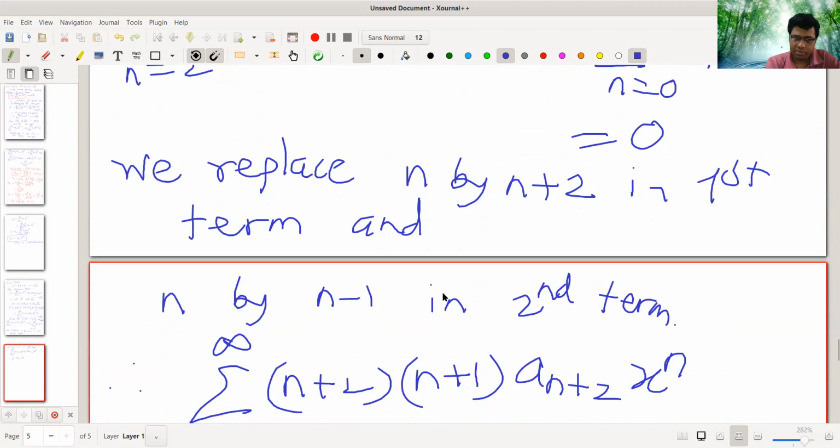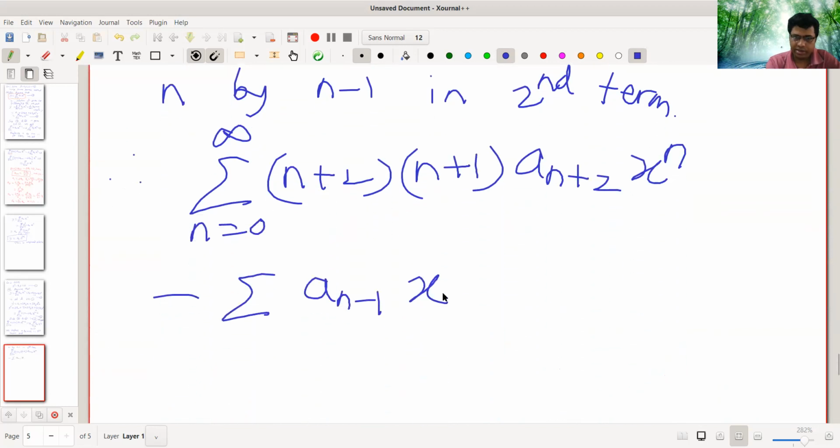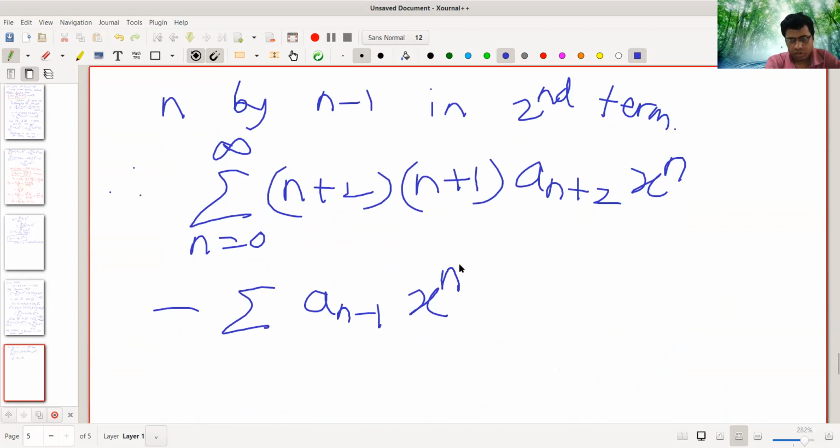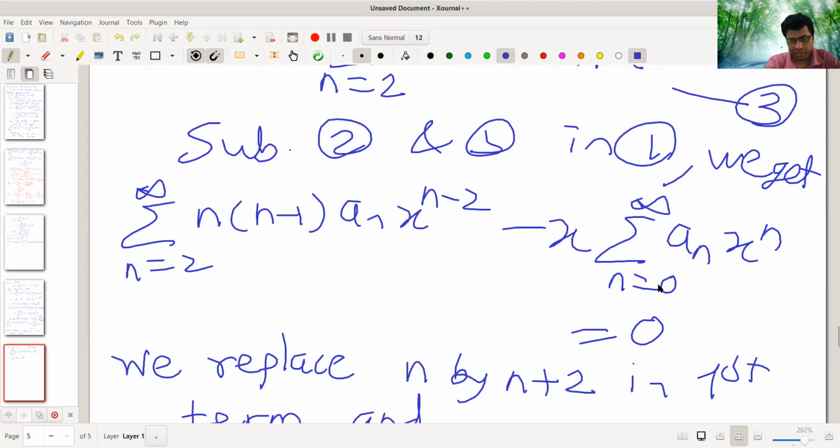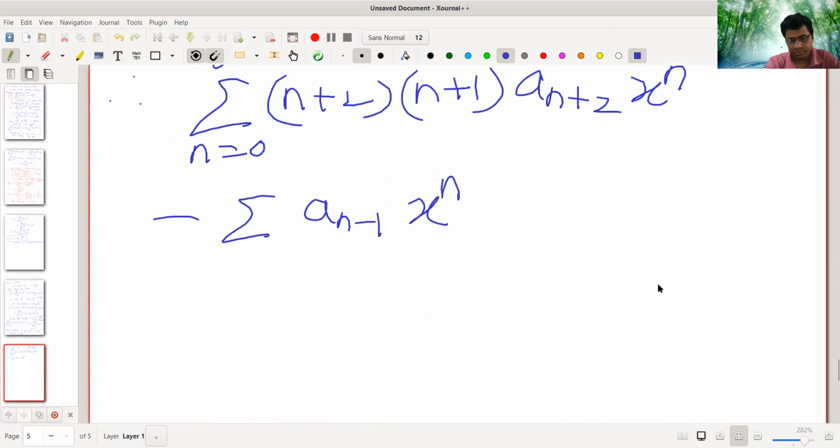We are replacing n by n minus 1, so it is x raised to n. Now what is the first term? When n equals 0, we have x raised to 0 here and x here, so it is x raised to 1. So the first term should be x raised to 1. So n starts from 1.